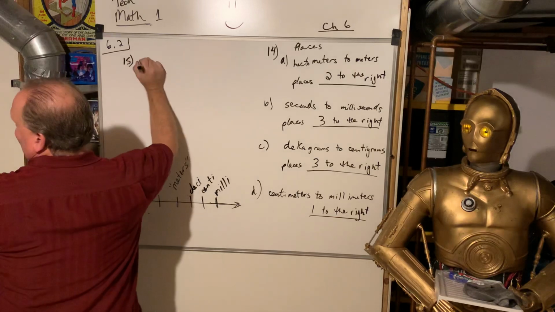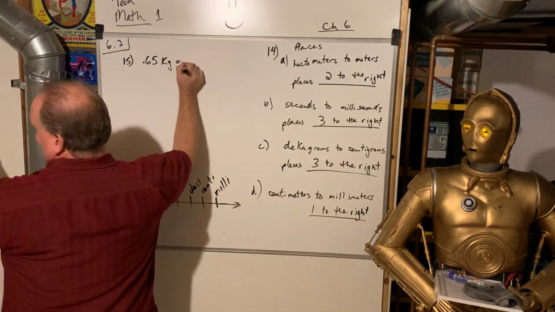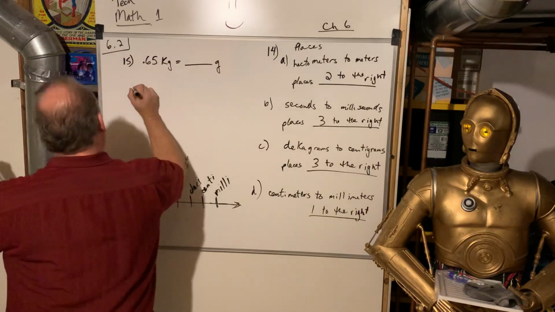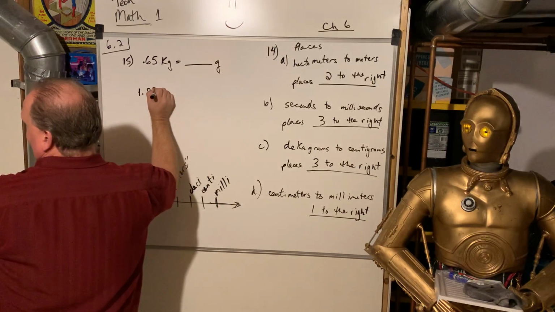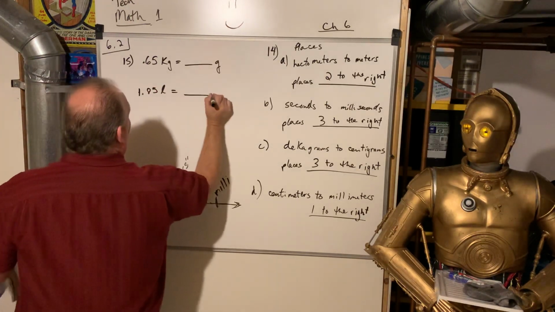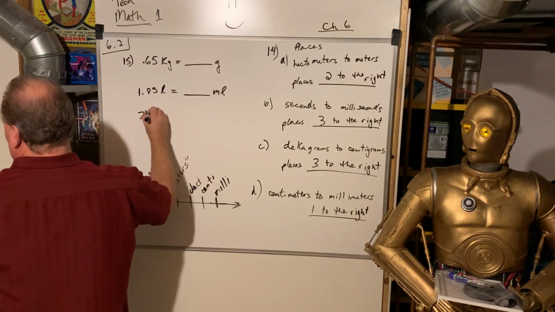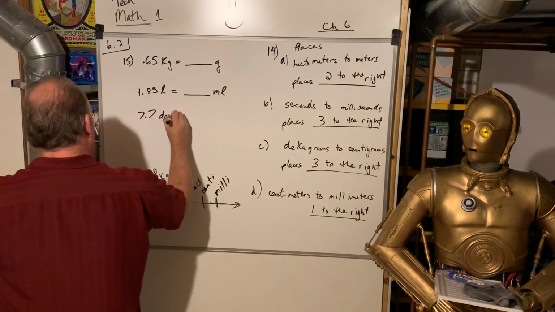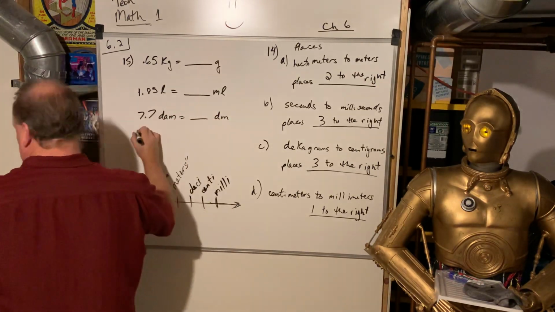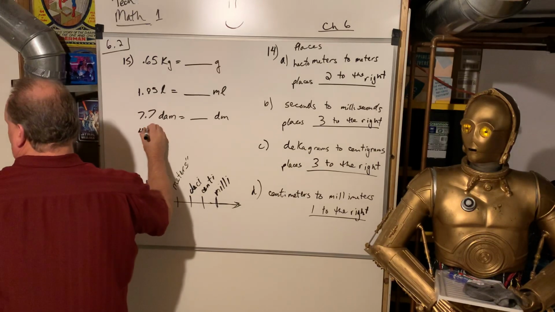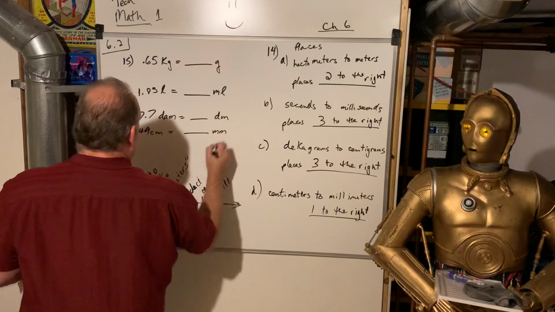So let's take a look. 15.65 kilograms is equal to blank grams. 1.85 liters is how many milliliters. 7.7 decameters is how many decimeters, and 49 centimeters is how many millimeters.